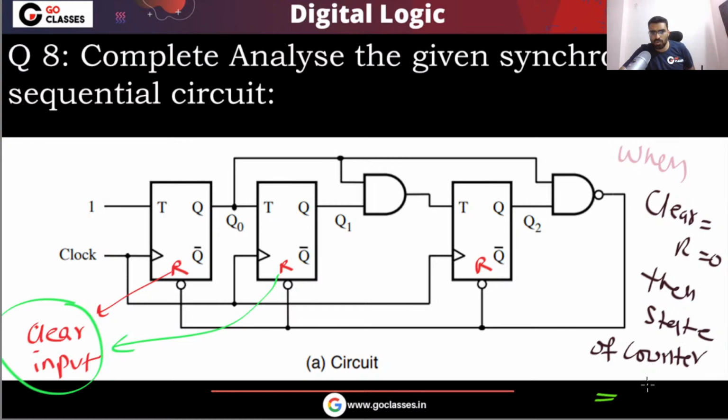The state of this counter will become 0, 0, 0. Because the clear input is active low, when the clear is 0, it will do its work, and the state of the counter will become 0, 0, 0.